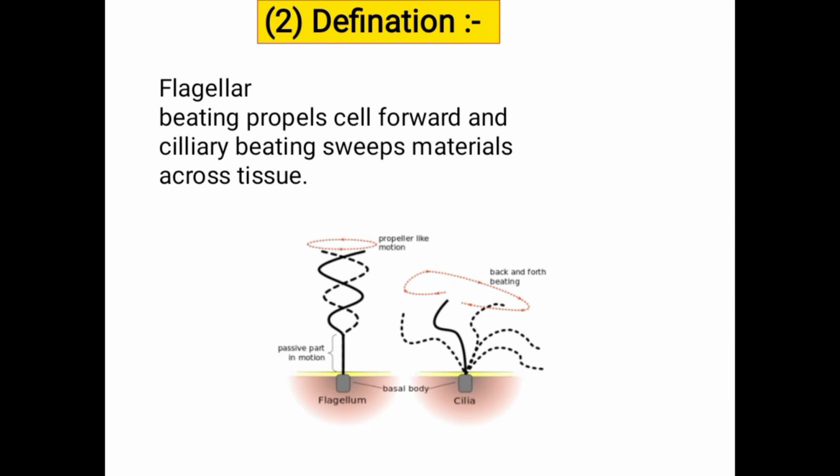Second, definition. Flagellar beating propels the cell forward, and ciliary beating whips materials across tissue. This is the structure of flagella and cilia.